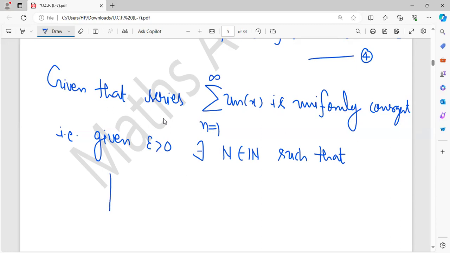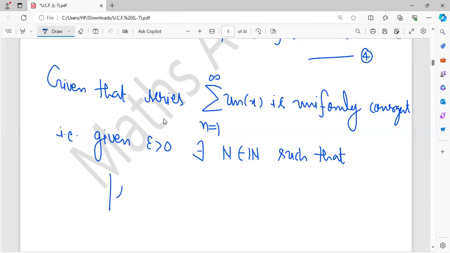this partial sum. What is the partial sum of this? What we have is this, because it is uniformly Cauchy. So what does it mean?